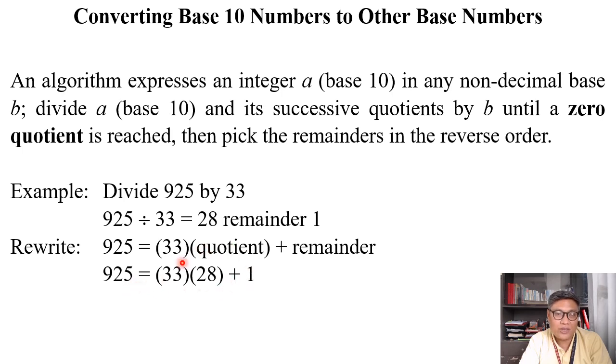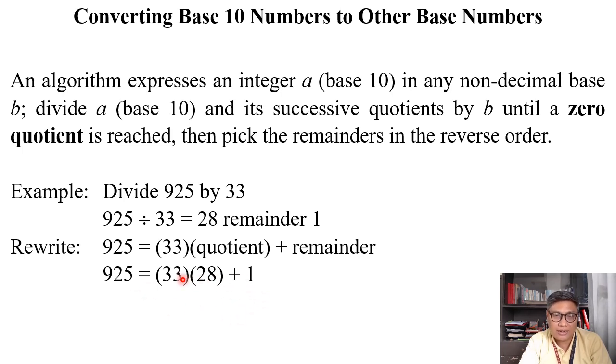So 925 divided by 33 equals 28 with a remainder of 1 would be rewritten as 925 equals 33 as the divisor times the quotient of 28, then the remainder is your 1. So this is how we start the process.